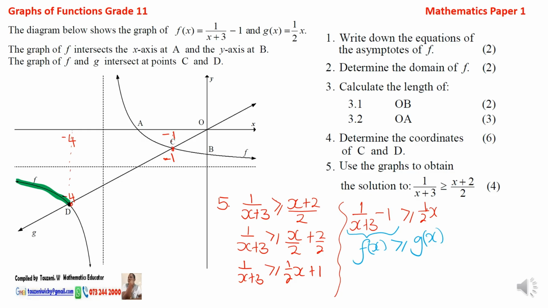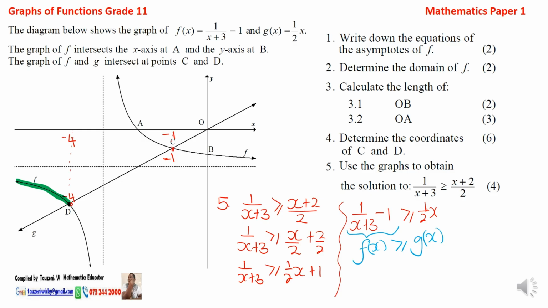So in my case, it's from the left side up to point D. I can see that the graph of f is on top and the graph of g is at the bottom. Once we cross g, the graph of f is now below the graph of g. So my answer is from the left side up to point D.